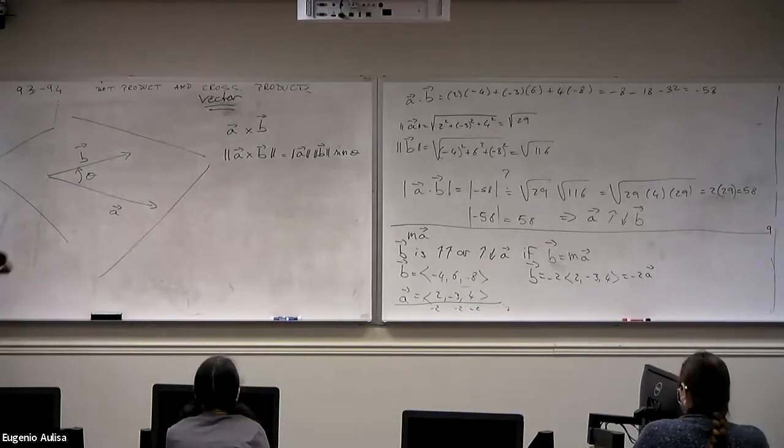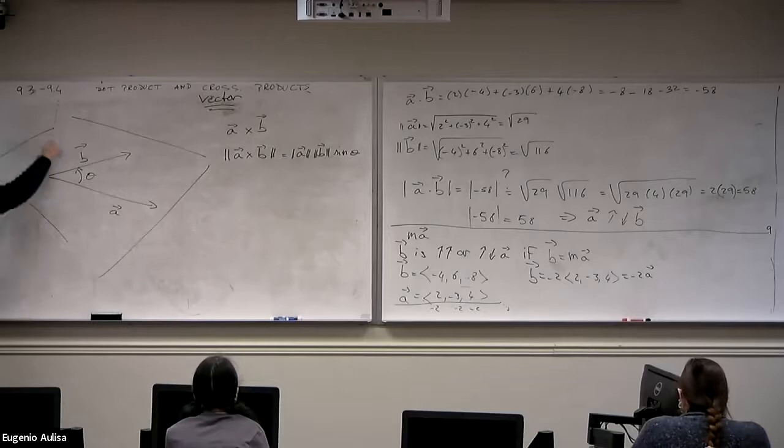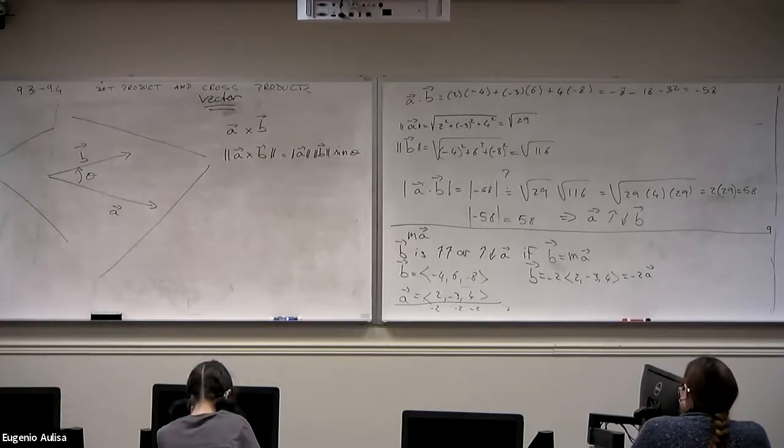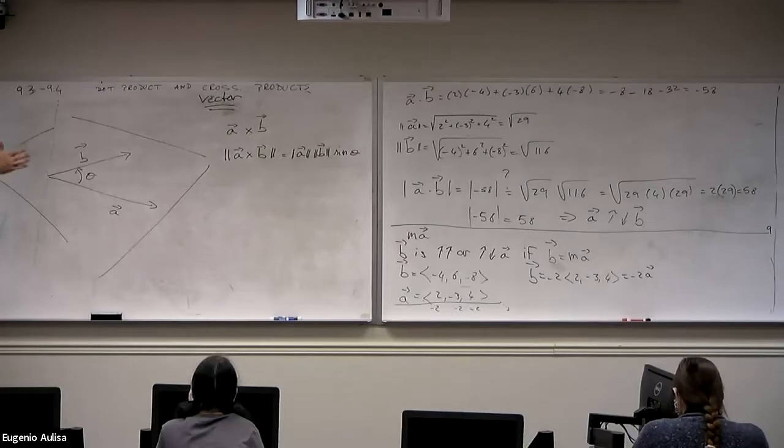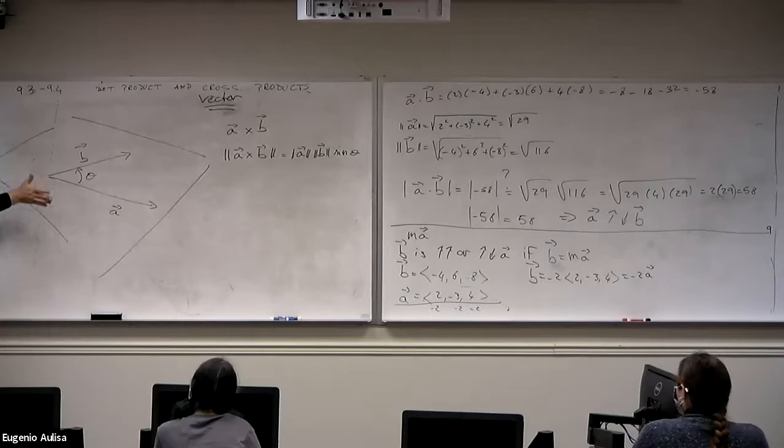Now, the cross product is uniquely identified by those numbers, and also has a direction. The direction is given by this line. It's an oriented line, oriented with the right-hand rule, which is: take your right hand and close it the way theta is moving. In this case, you're going from A to B, and the thumb gives you the direction of this line.